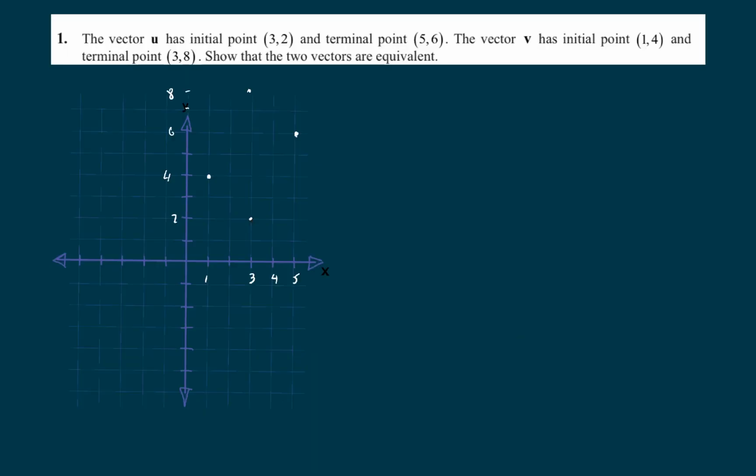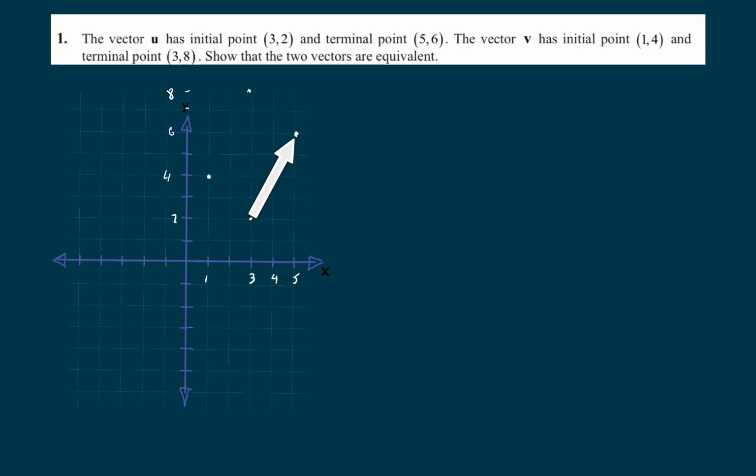The first problem says the vector u has an initial point 3, 2. So the tail of the vector u is at 3, 2. And the terminal point is 5, 6. This is the head of the vector. So the vector is this one.